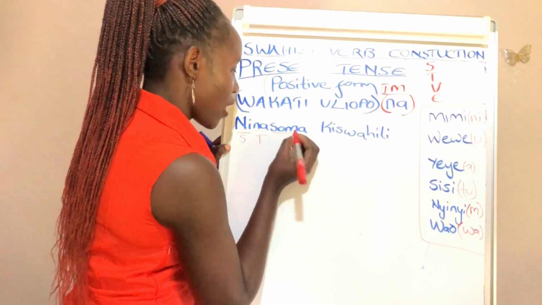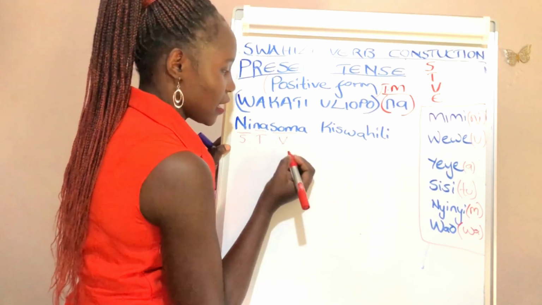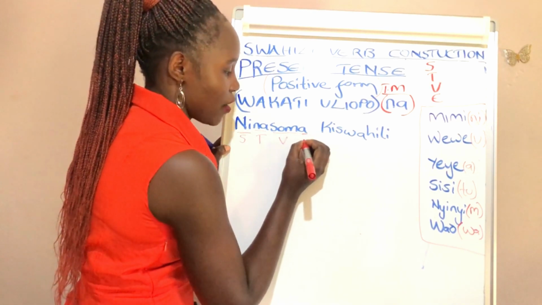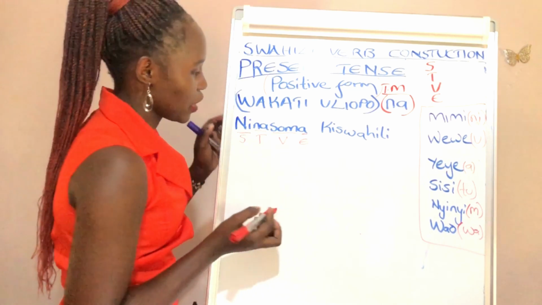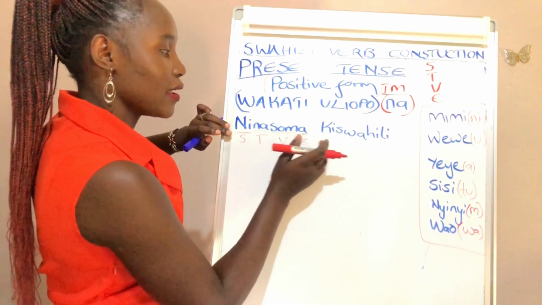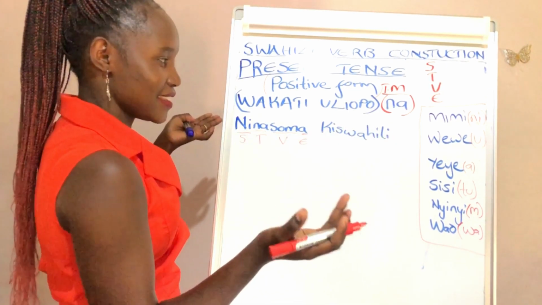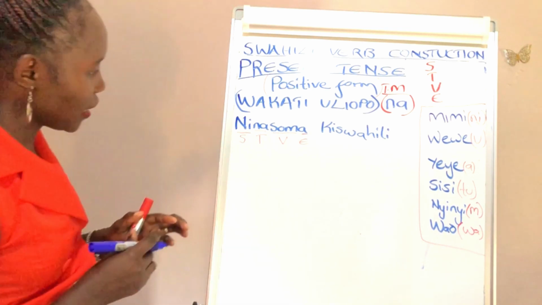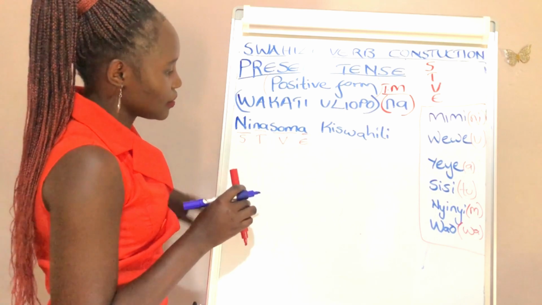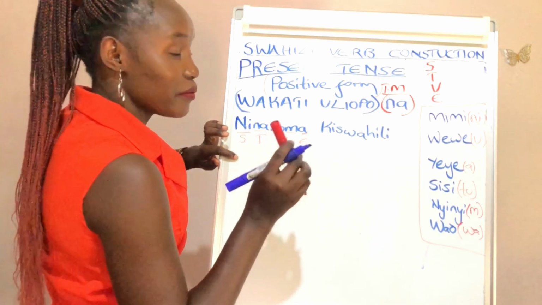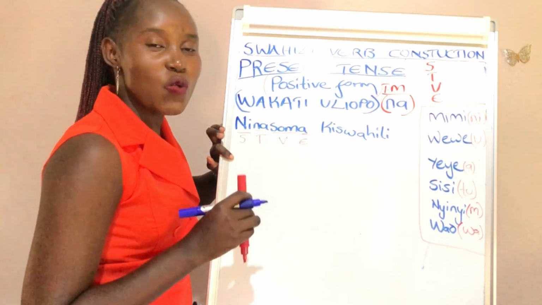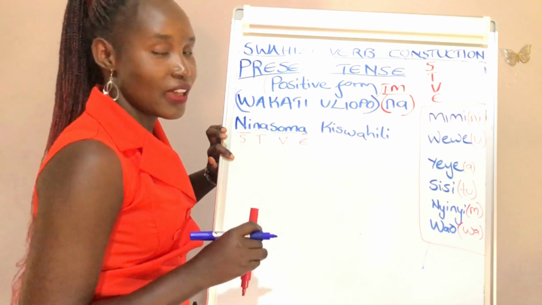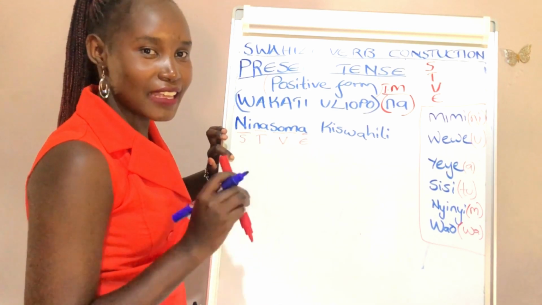Som is our verb root, and then a is our verb end. So now we have ninasoma Kiswahili. As easy as that. And then next our verb was imba. So we can say unaimba vizuri. Unaimba vizuri. You are singing nicely.